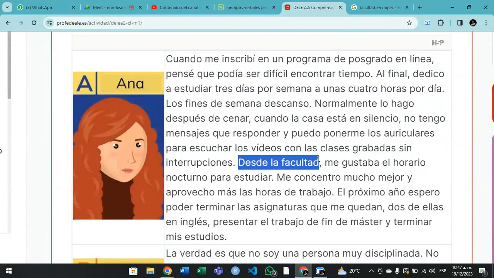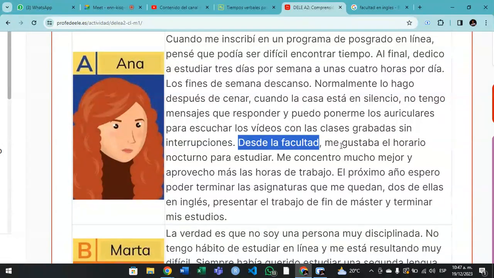She liked the night schedule to study. Right. Okay. But past tense, like she used to. Past.